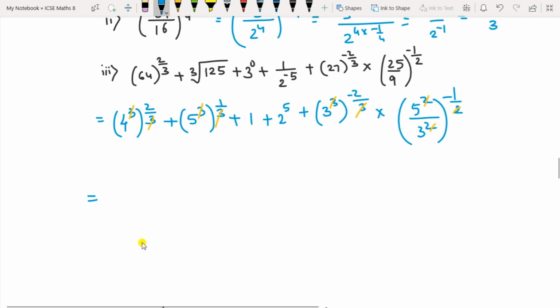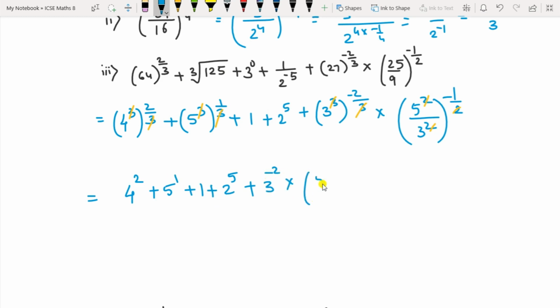Okay. So you have to write here the remaining is 4 square plus 5 raised to 1 plus 1 plus 2 raised to 5 plus 3 raised to minus 2 into 5 upon 3 raised to minus 1. So that becomes 16 plus 5 plus 1 plus 32, and this will be 1 upon 3 square, and write its inverse, 3 by 5.